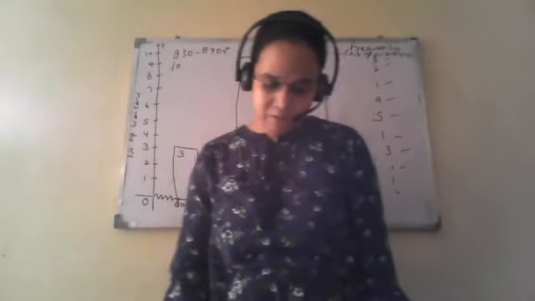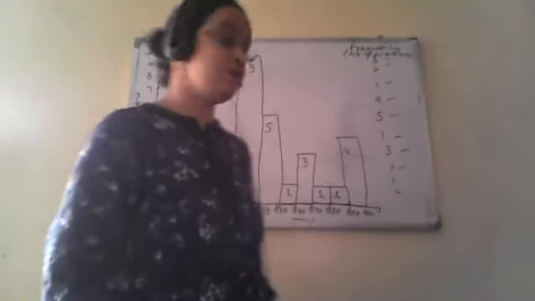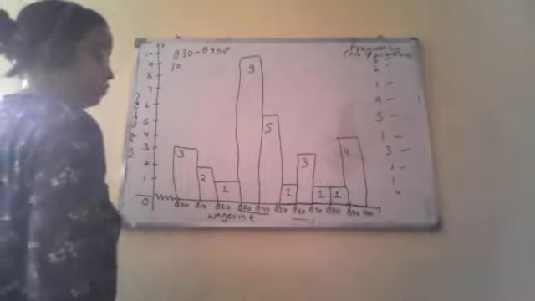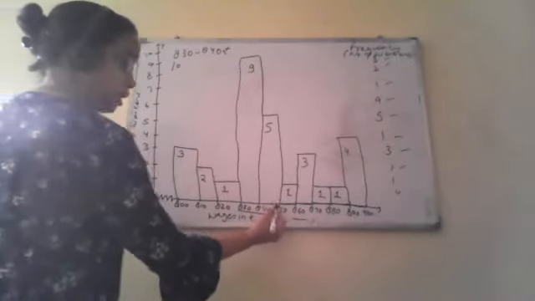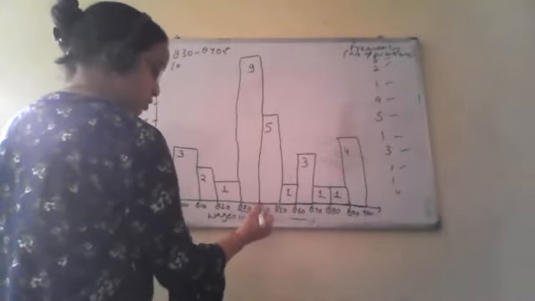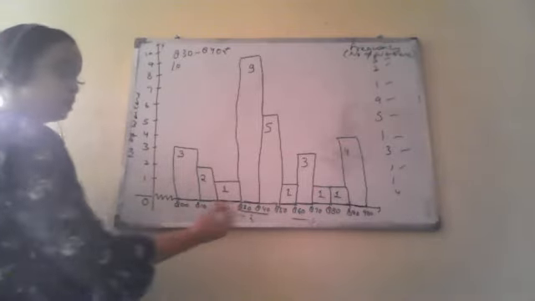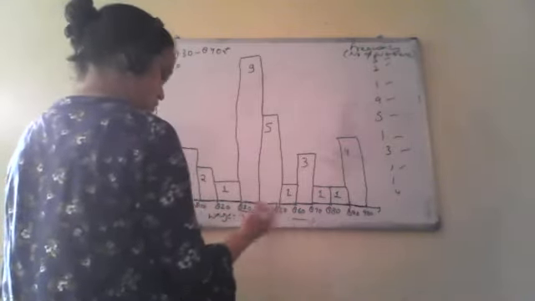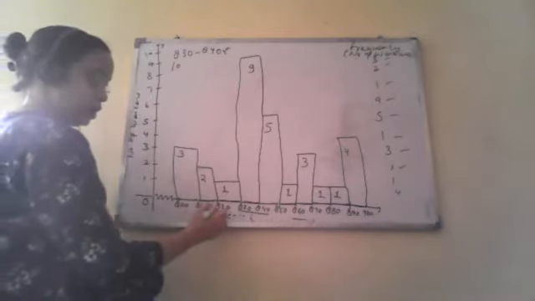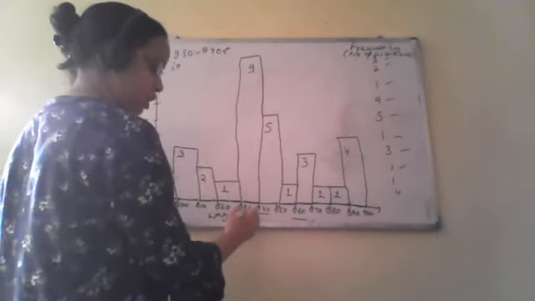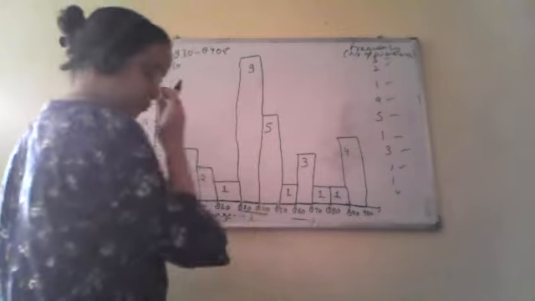Third part is how many workers earn less than 850. So we'll calculate these. This is 800 to 810, 810 to 820, 820 to 830, 830 to 840, 840 to 850. Okay.